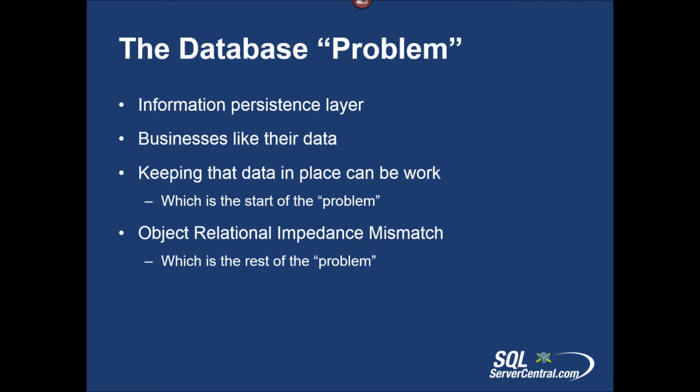And it is. But there's a problem with an information persistence layer, or a database, if you will. A database has this stuff called data. And it's a weird thing, a very weird thing, but businesses have a tendency to like that data. They have a tendency to prefer to have that data around all the time.